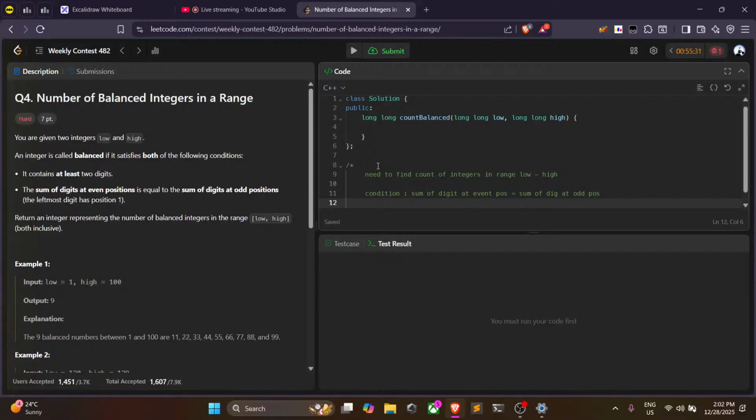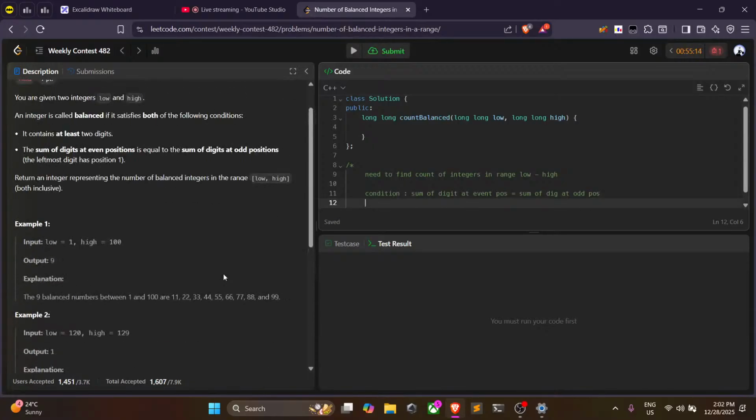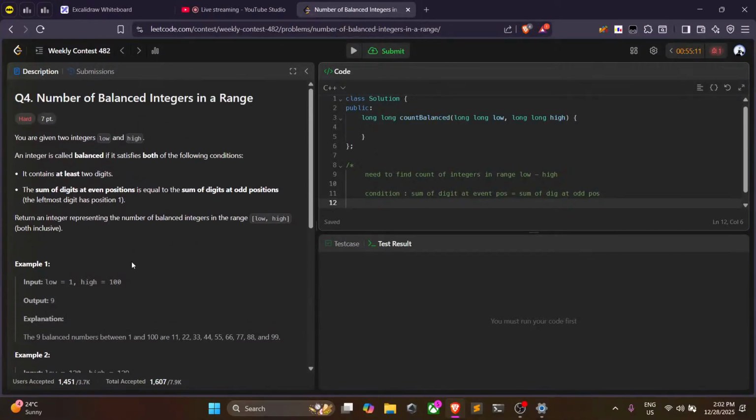So it is particularly a digit DP question. Also the number of digits should be at least two, otherwise this condition will fail anyway, so this condition will handle the at-least-two-digits requirement.